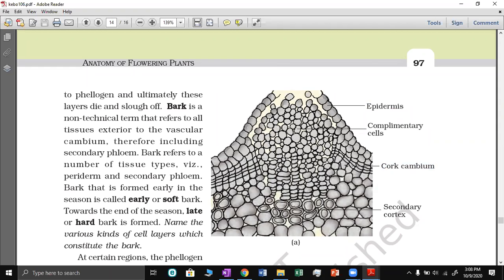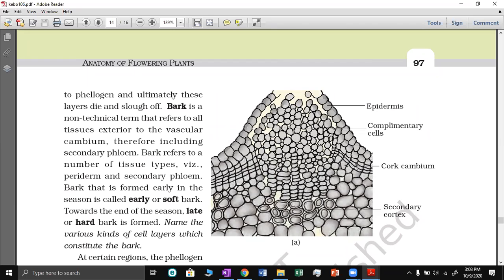Due to these loosely arranged cells, they can allow the release of water vapor, and gases etc. can be exchanged. And these are the secondary cortex.